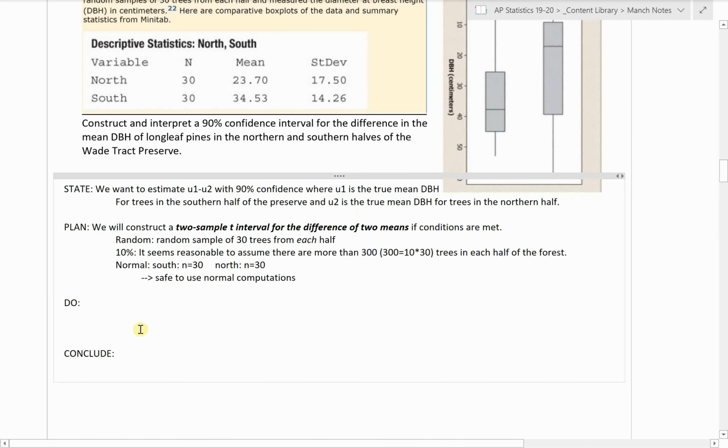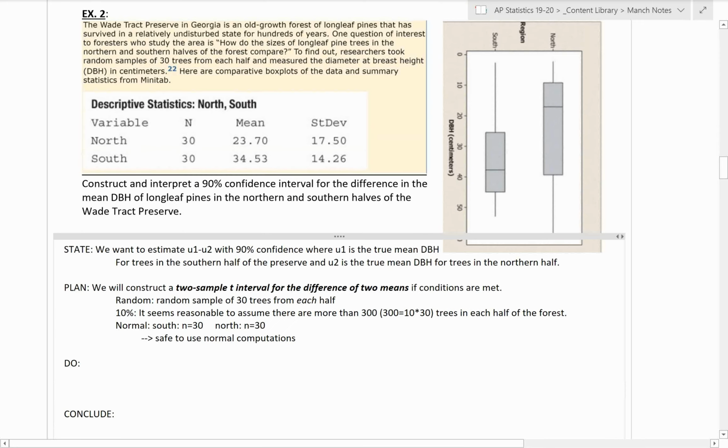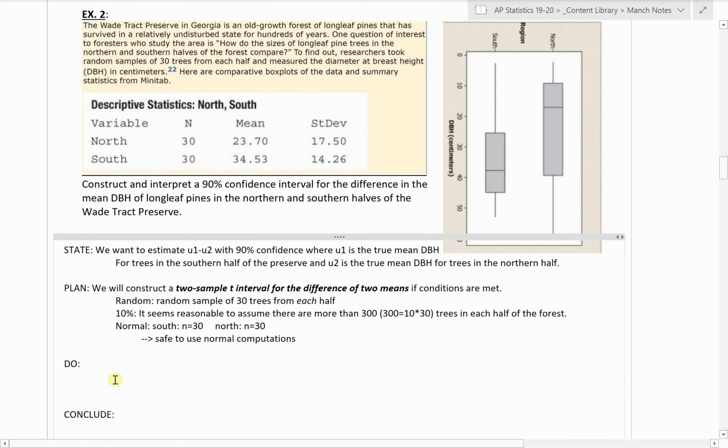So the textbook and I both suggest just using the calculator to spare you from that level of risk, but you're welcome to use the formula if you want. Either way, in the do step, you need to identify the test or interval that you're doing, by name or by formula. So we're going to do the 2 sample t interval, and we're going to go find that in our calculator.